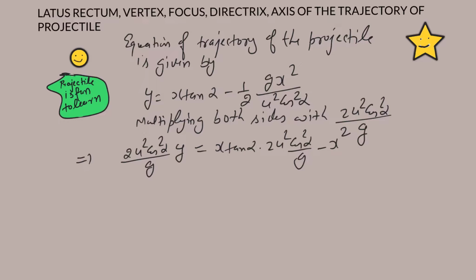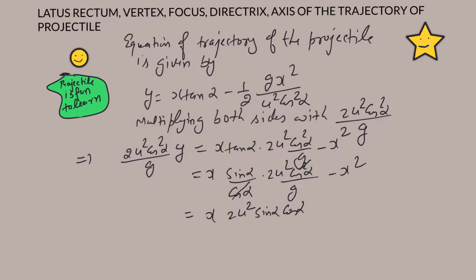So make this x as positive by transposing the sides. Firstly we will convert this into sine and cos terms. It will be x sine alpha by cos alpha times 2u square cos square alpha by g minus x square. Cos square to cos square cancel out. This will be x 2u square sine alpha cos alpha by g and minus x square. So one way is this one.